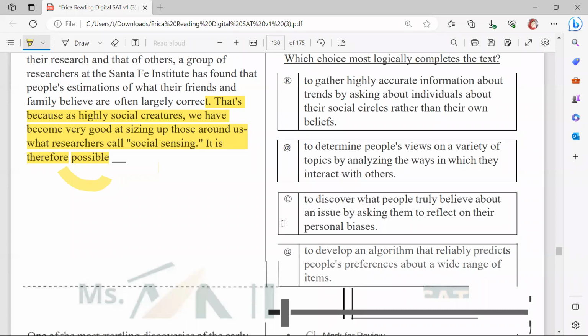No, look at the text. That's because as highly social creatures, we have become very good at sizing up those around us, what researchers call social sensing. It's therefore possible to develop an algorithm that reliably predicts people's preferences about a wide range of items. Yes, I'm sure. You say it can be an answer.